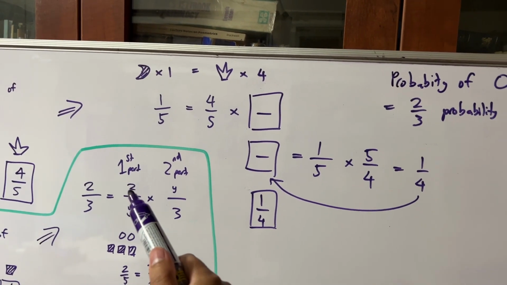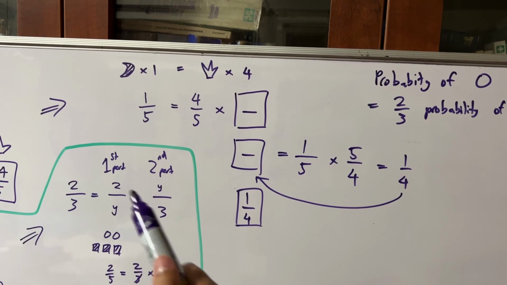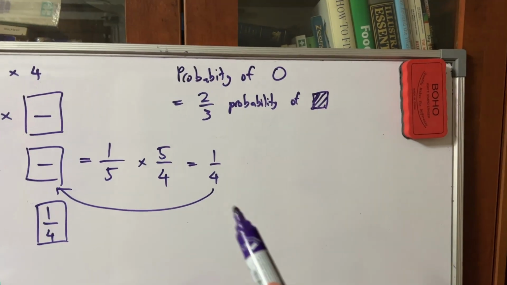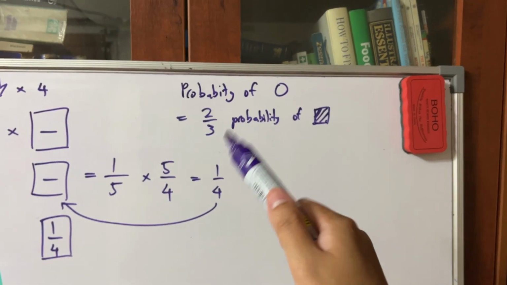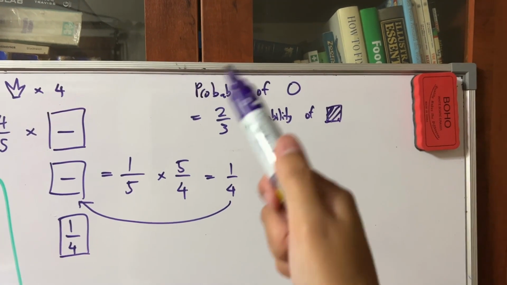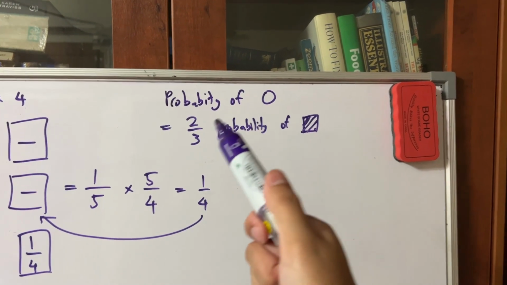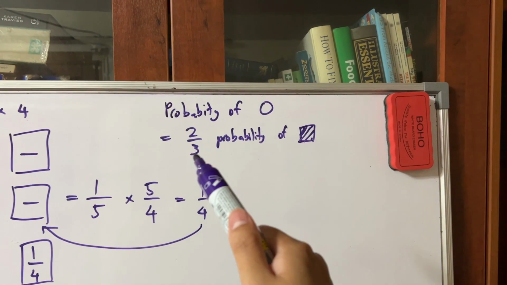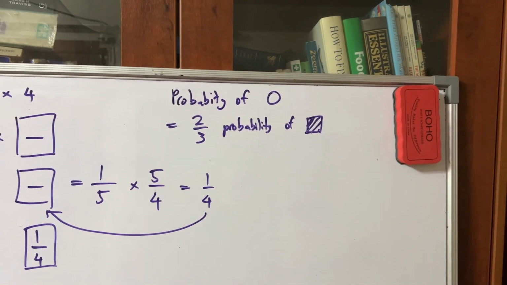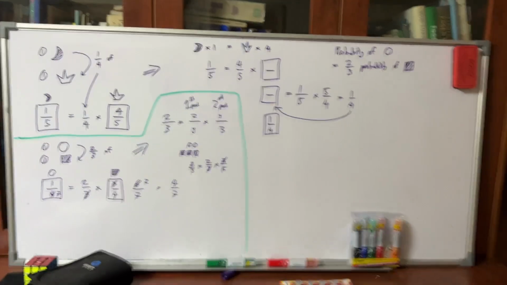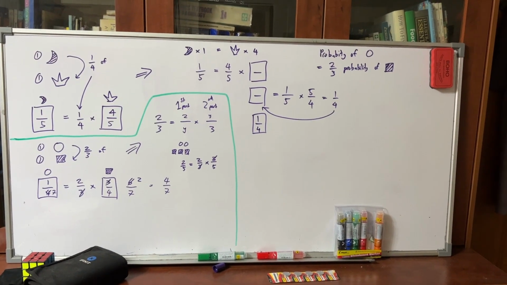So the top part will be the number of cards for the first part and the bottom part for the second part. So to make that probability of circle equal to 2/3 of probability of square, you just need to put 2 circles and 3 squares on the table. And yeah, that's pretty much it.